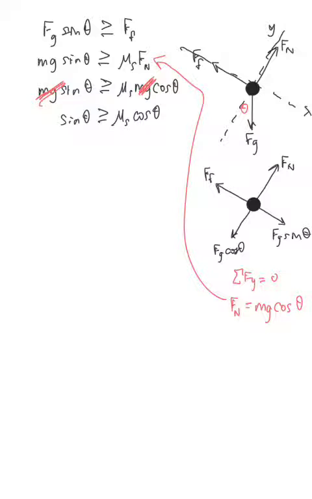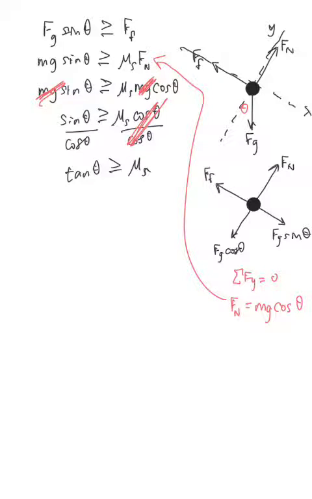Now to get the theta by itself, if I divide both sides by cosine of theta, then the cosine thetas will cancel out on the right side. And if you know the basic rules of trig, the sine of theta divided by the cosine of theta is just equal to the tangent of theta. So tangent of theta has to be greater than or equal to mu s.